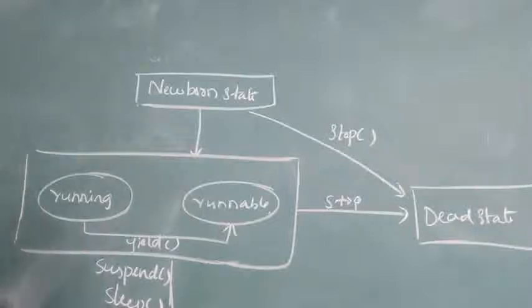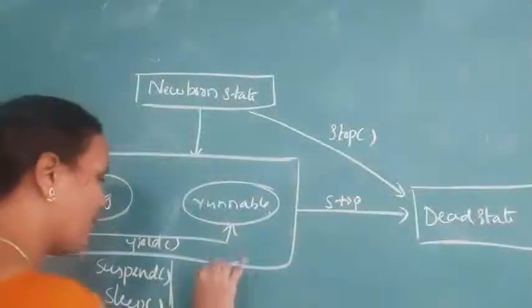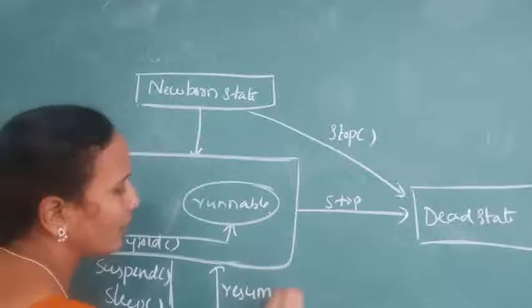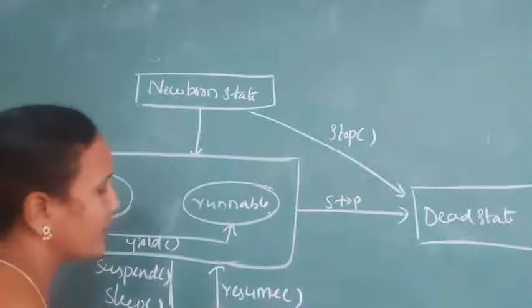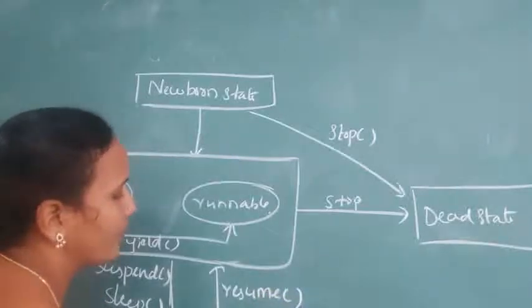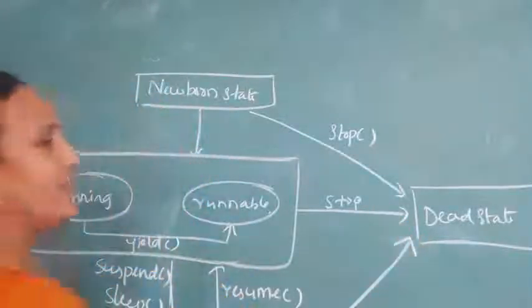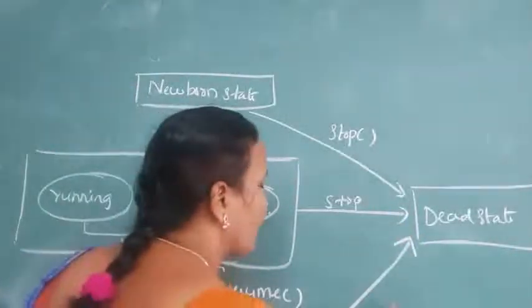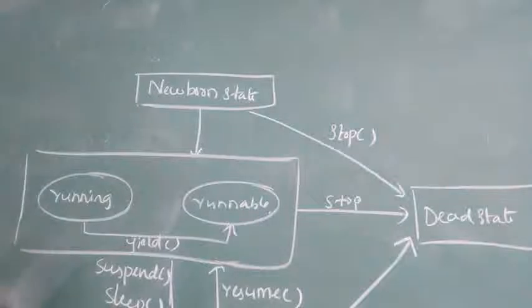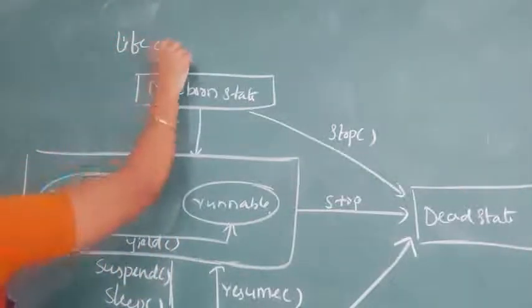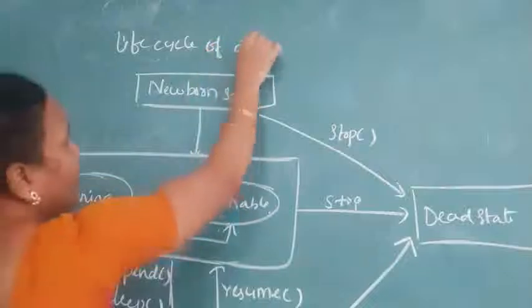Whatever thread has entered a blocked state, you can restart it by using the resume method and the notify method. And from the blocked state, you can move the thread into a dead state by calling stop. And this is the complete life cycle of a thread.